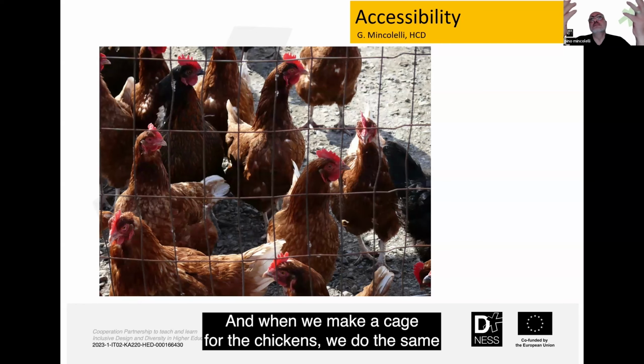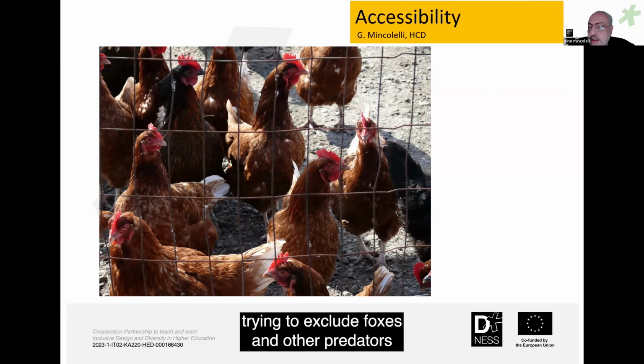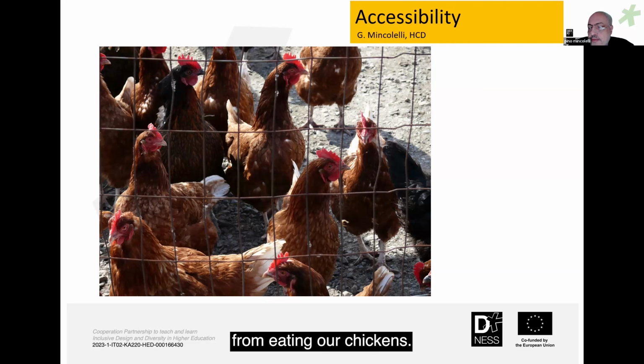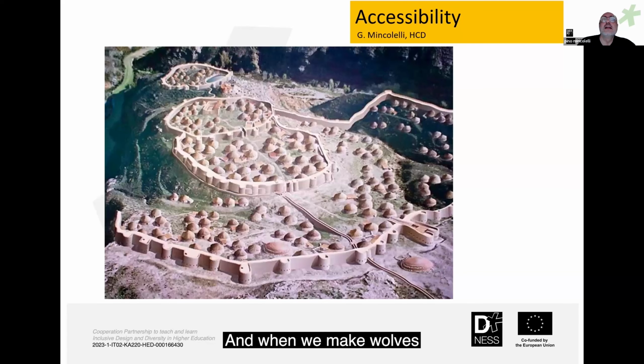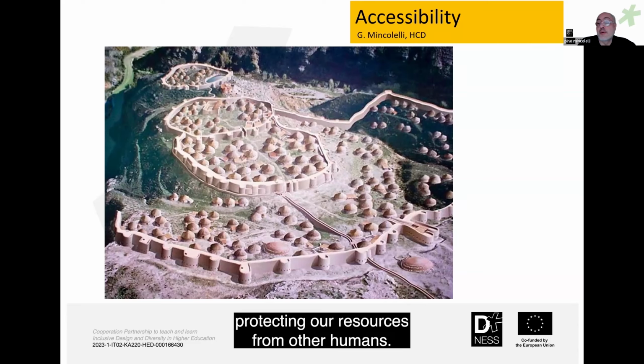And when we make a cage for the chickens, we do the same. We are trying to exclude foxes and other predators from eating our chicken. And when we make walls around villages, we are protecting our resources from other humans.